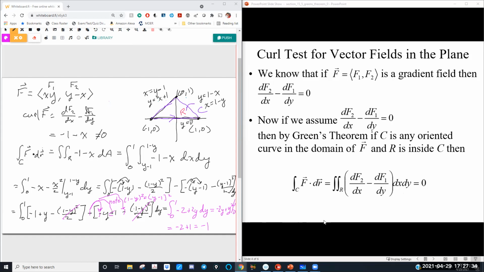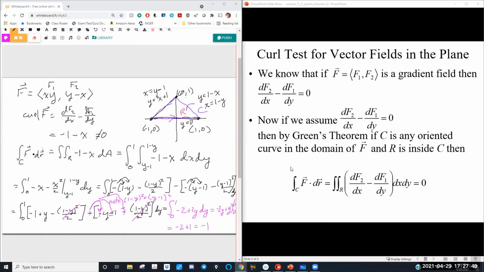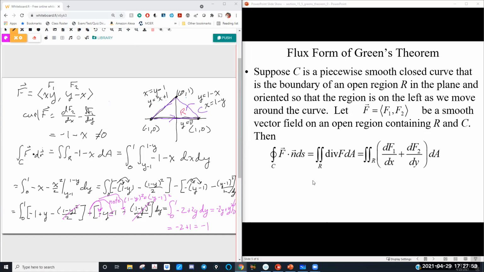All right, let's do the flux form of Green's theorem. So this is what's called a flux integral. What's happening now is instead of taking the piece that is tangential to our motion, we're taking the piece that is normal to our motion, or perpendicular.